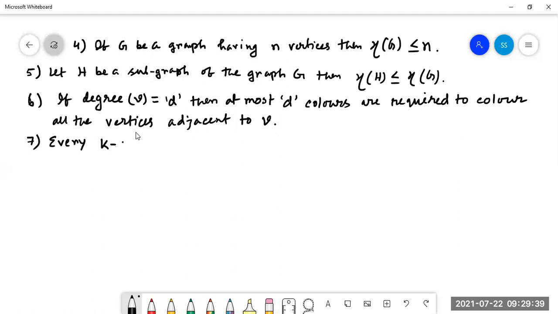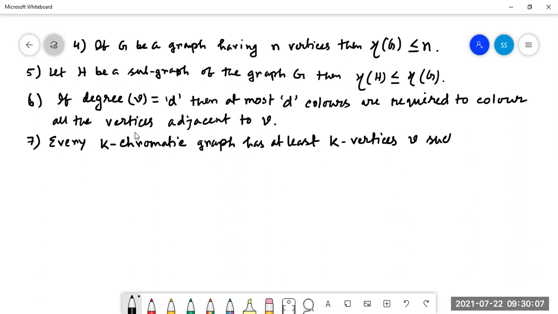Every k chromatic graph has at least k vertices such that the degree of V is greater than or equal to k minus 1.